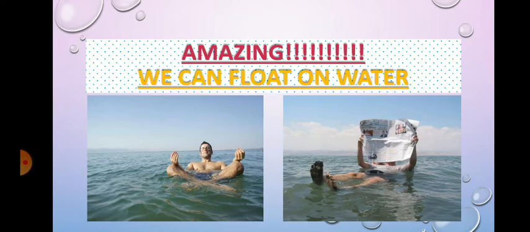So children, it's interesting and very amazing that if you go to the Dead Sea and want to swim, you can float on the water and you will not drown in the sea. Because the water is salty, things start floating on the water. Got it?